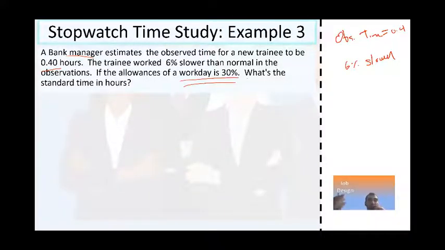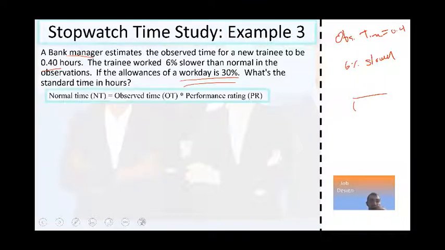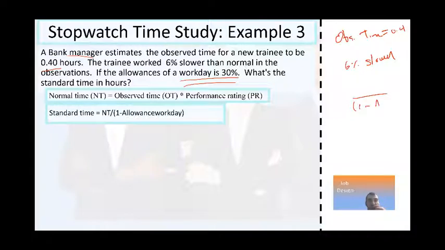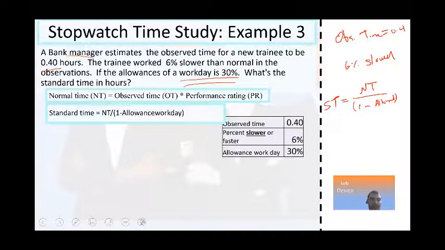So we're getting a workday allowance, so we're going to divide by that allowance rather than multiply. So we're going to divide by 1 minus the allowance. So for the standard time, we're going to get normal time divided by 1 minus the allowance because it's a workday allowance.